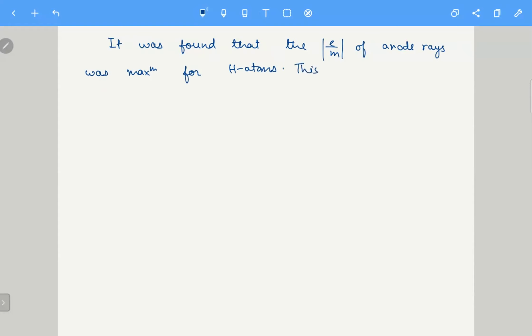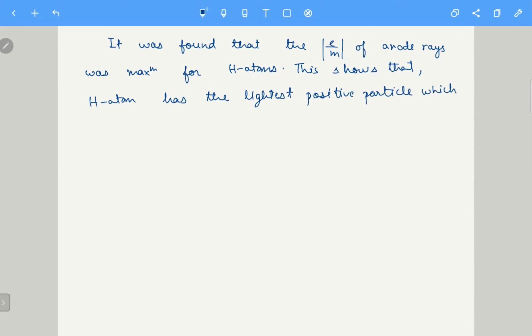This shows that the hydrogen atom has the lightest positive particle, which was later on termed as proton.